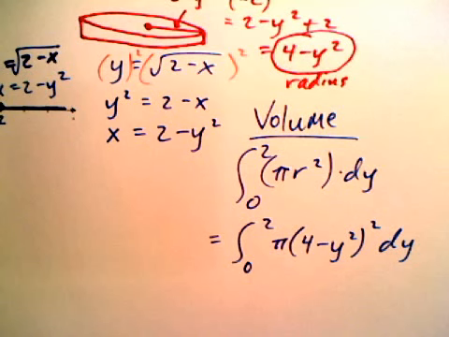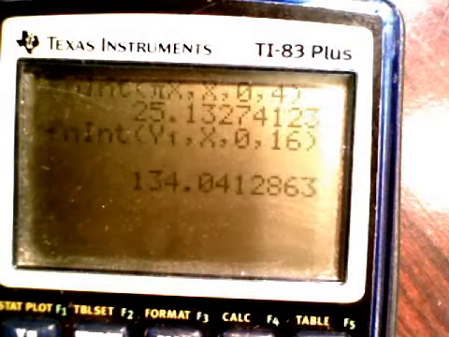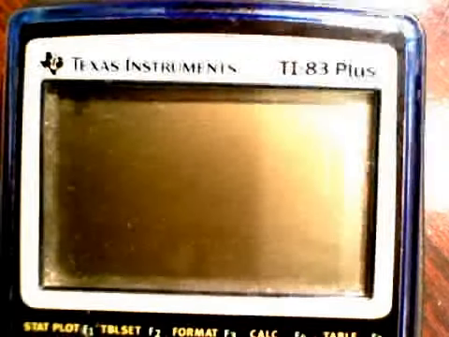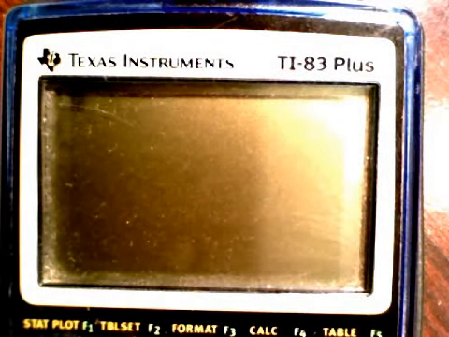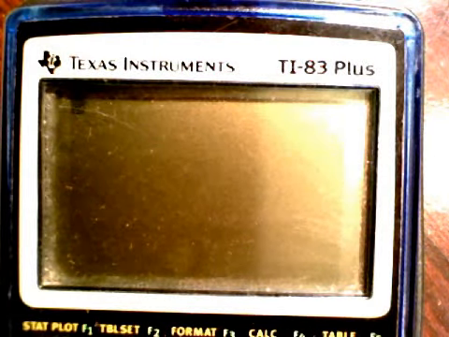Okay? So maybe pause the video, type that into your calculator, and see if you get what I'm going to show you here in just a moment. I decided to just show you how to do the calculations on the older calculators that don't have the special symbols.